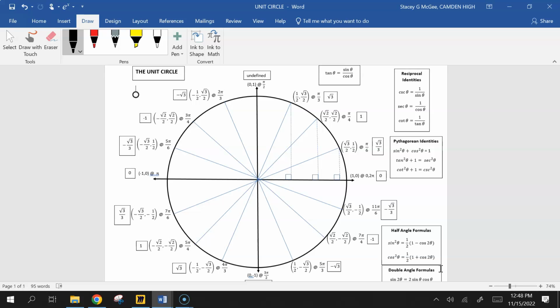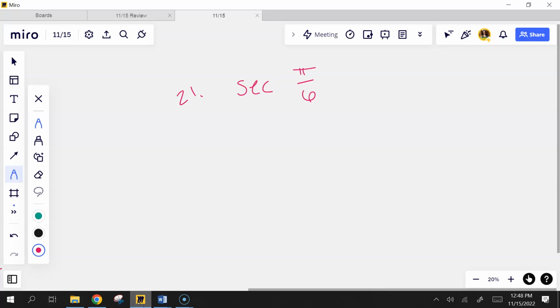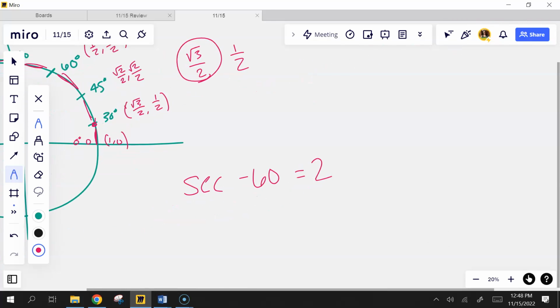You can take out your calculator and check. Now you have to make sure you're in the right mode. This is in degrees, right? So I need to be in degrees. Mode is right beside the orange second button. So if I'm doing secant 60 degrees, what do I need to be in? Degrees. So I'd make sure I'm in degrees and I'd do 1 over cosine 60. See what you get.